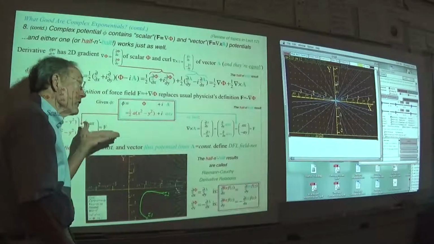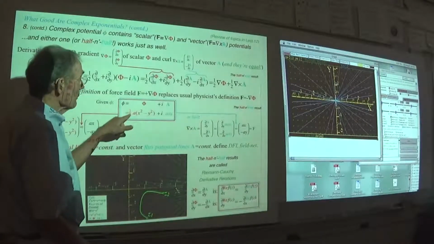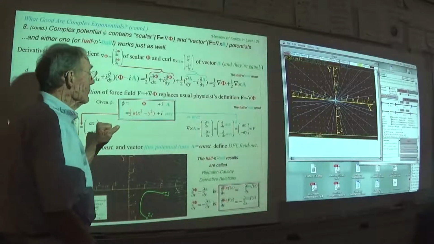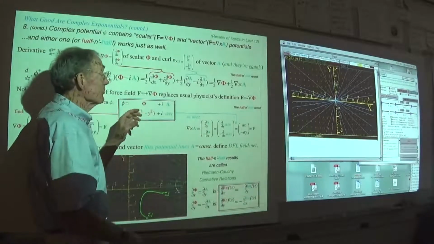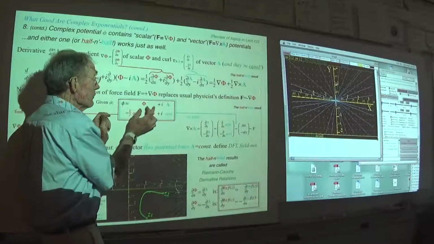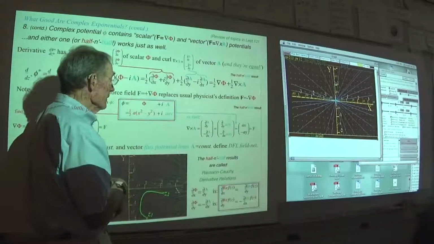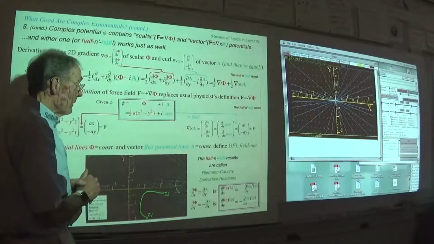And the integral of z is z squared over 2, because you have a half. But the idea is that that's z squared, that's x plus iy squared, so I get this part for the scalar potential, and then the vector potential is the xy part of it.